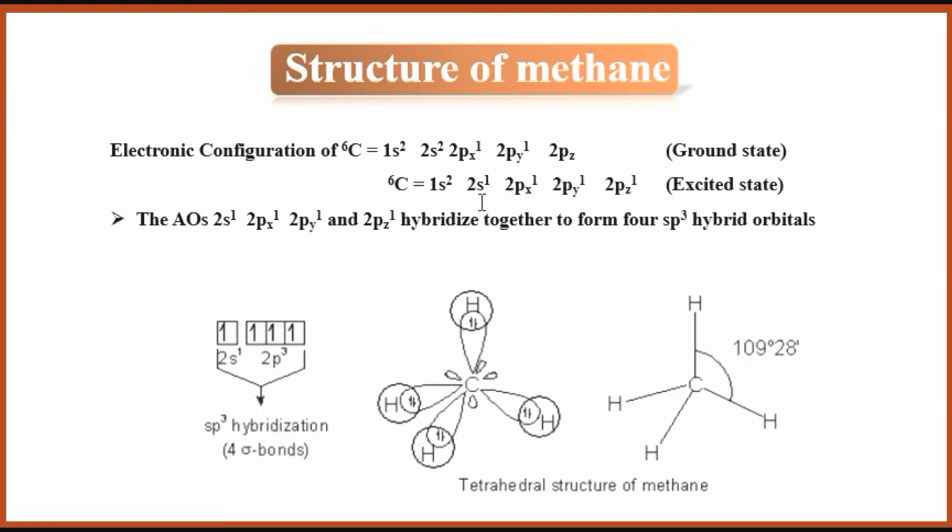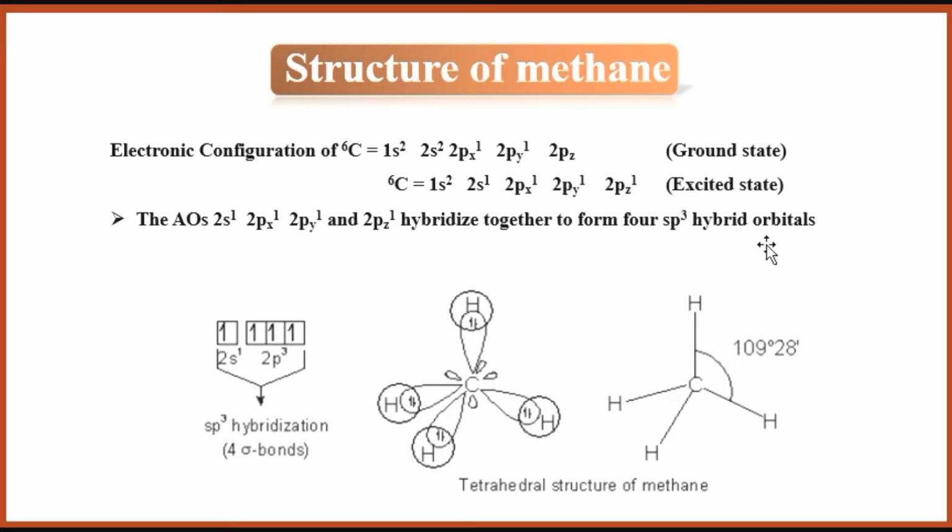So this would jump from 2s orbital to 2pz orbital, and in this way these 2s, 2px, 2py and 2pz orbitals would be partially filled. And these atomic orbitals belonging to the second shell of the atom, that is the valence electrons residing in these orbitals, would intermix or hybridize together to form 4 sp3 hybrid orbitals.